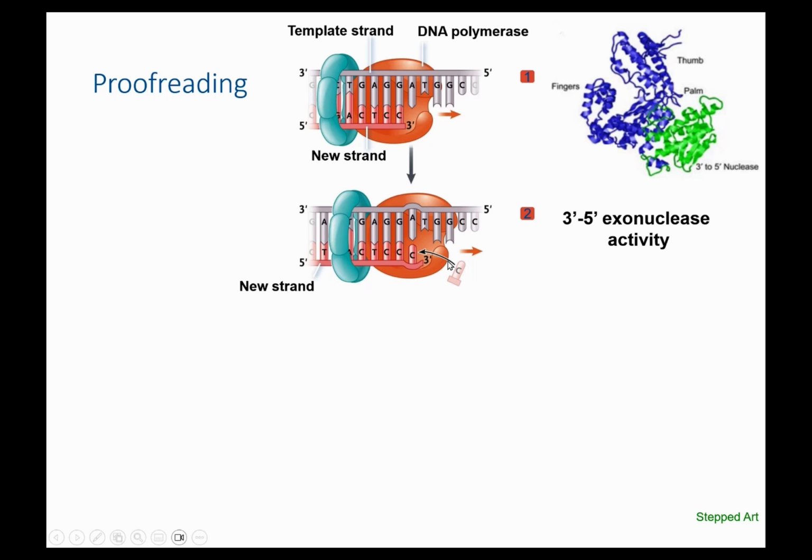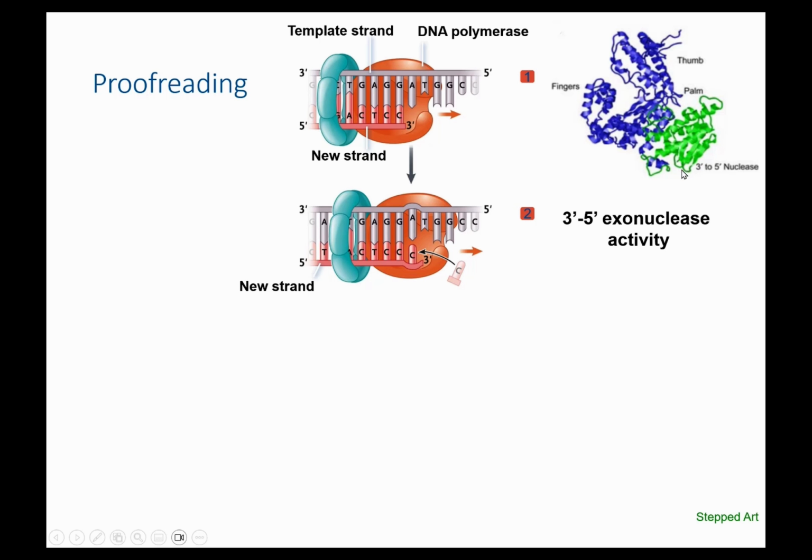Polymerase itself will recognize that mismatch, and then it'll start to move backwards to remove that base and then move forward again. So in order to move backwards and forwards, these enzymes have to have directionality, and it has to have domains that can move backwards and move forward. So here's a structure of DNA polymerase. It actually looks like a hand. That's why they called it the palm, the thumb, the fingers.